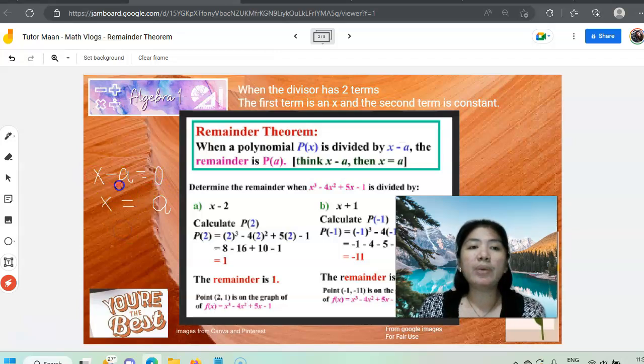Then we isolate x, so we transpose negative a to the right side, and since it passes the equal sign, the negative a will be a positive a. Basically, to find the value of a, we are just going to negate the constant, or in other words, change the sign of the constant.